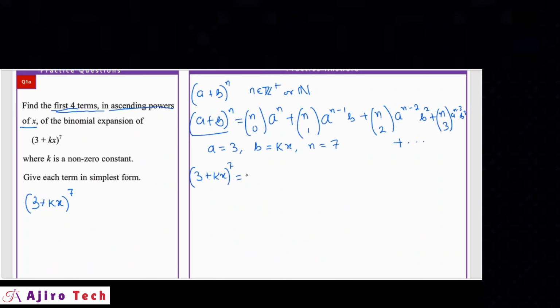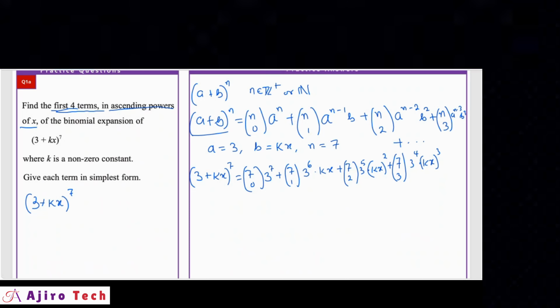So we have 7 combination 0, 3 raised to the power 7, plus 7 combination 1, 3 raised to the power 6, that's 7 minus 1, multiplied by kx raised to the power 1, then plus 7 combination 2, 3 raised to the power 5, that's 7 minus 2, multiplied by kx all squared, then plus 7 combination 3, 3 raised to the power 4, multiplied by kx raised to the power 3.